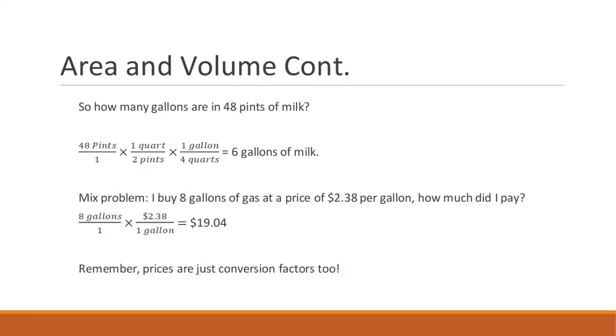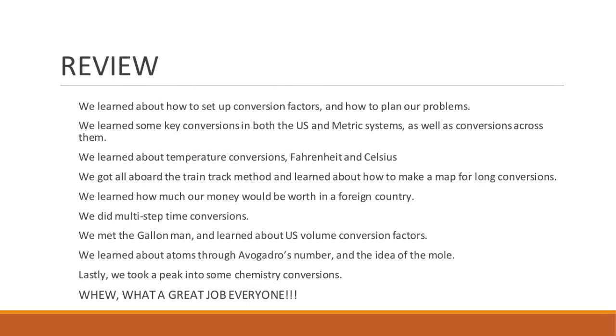I think I had some problems to show you that, but I don't want to keep you too long, so let's just do a quick review of what we talked about today. Let's remember, we learned how to set up conversion factors and how to plan our problems, and that's key, okay? We learned some key conversions in both the US and metric systems, as well as conversions across them.